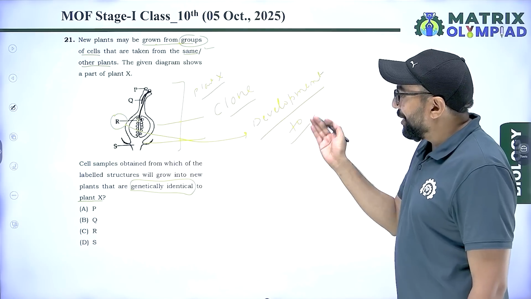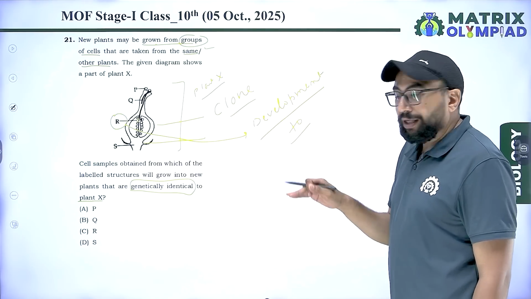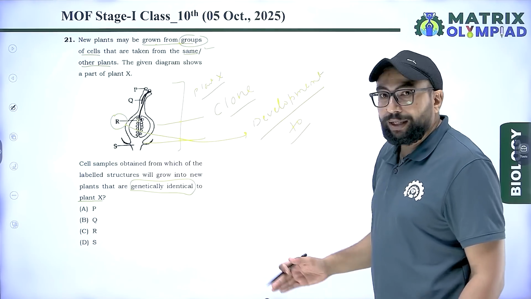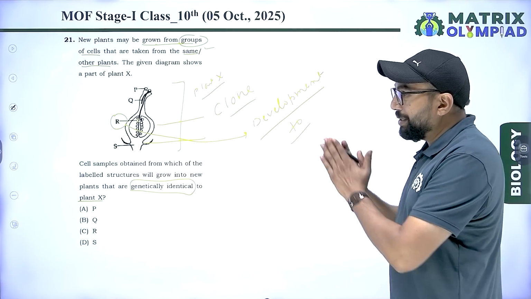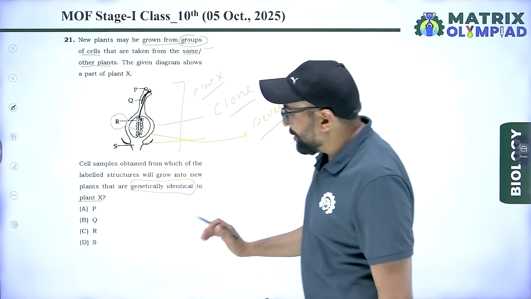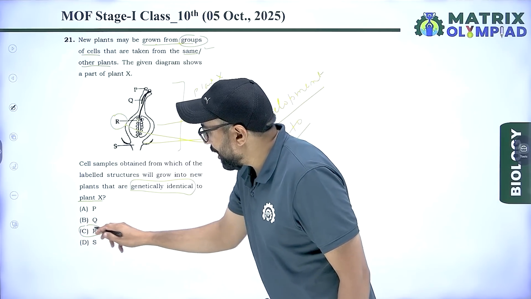These are genetically similar to their parent body. So according to this situation, our answer is C, R.